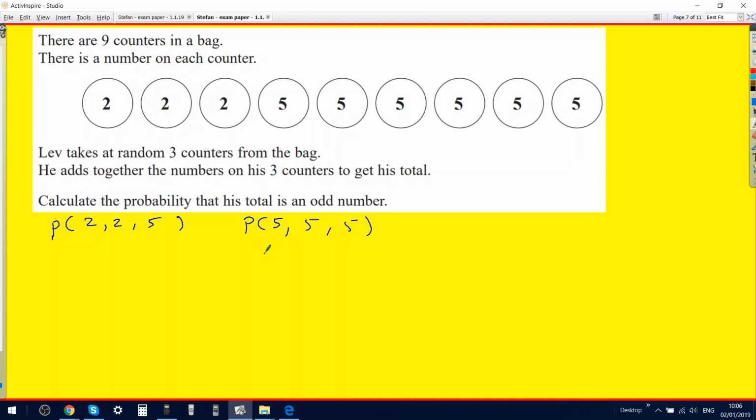To get a 5 is like 6/9. Yeah. And then does it go down then to like 5/8, and then 4/7? Yeah. And what do you do with those? I'll multiply them. Yeah.